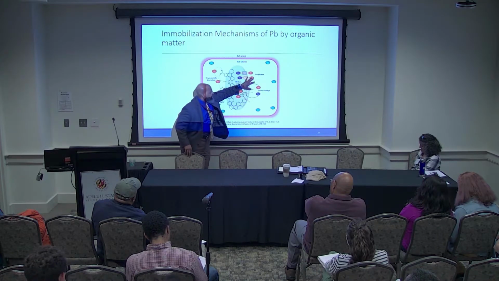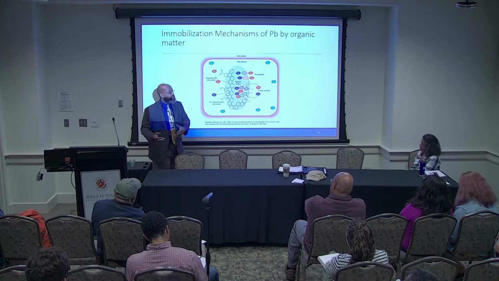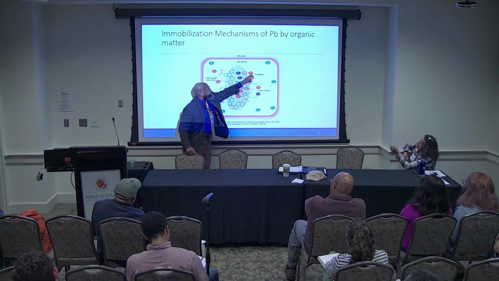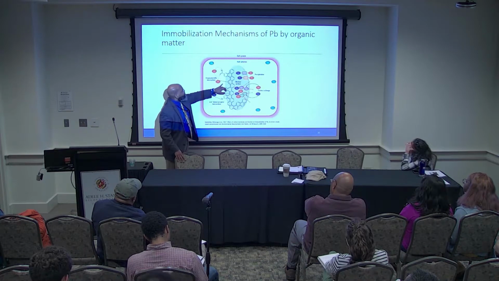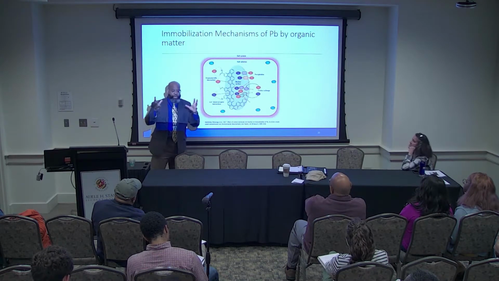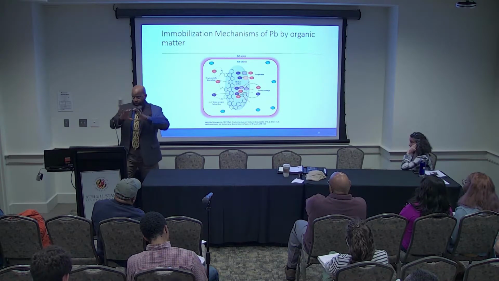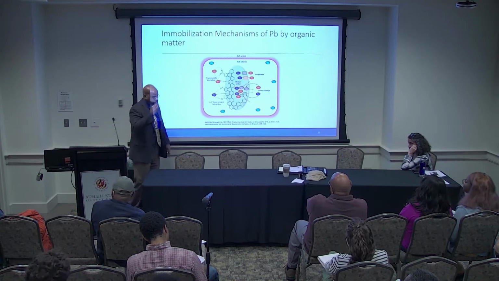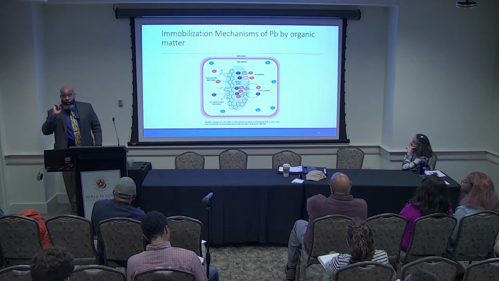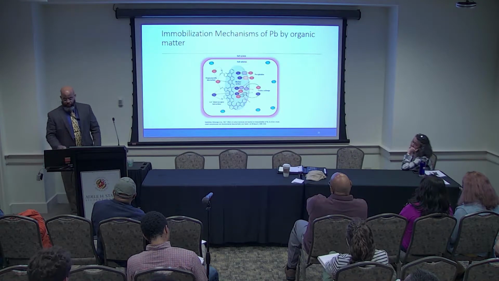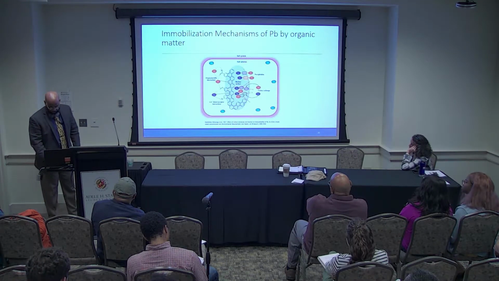There are precipitation reactions and cation exchange, and those sorts of reactions. But like we said before, carboxylic and phenol functional groups really, by far, are the most numerous functional groups that lock up lead from organic material.